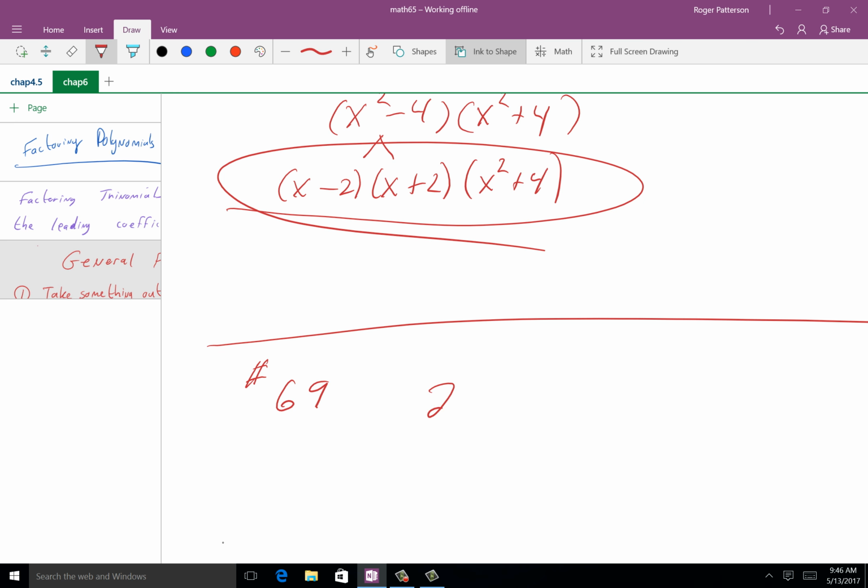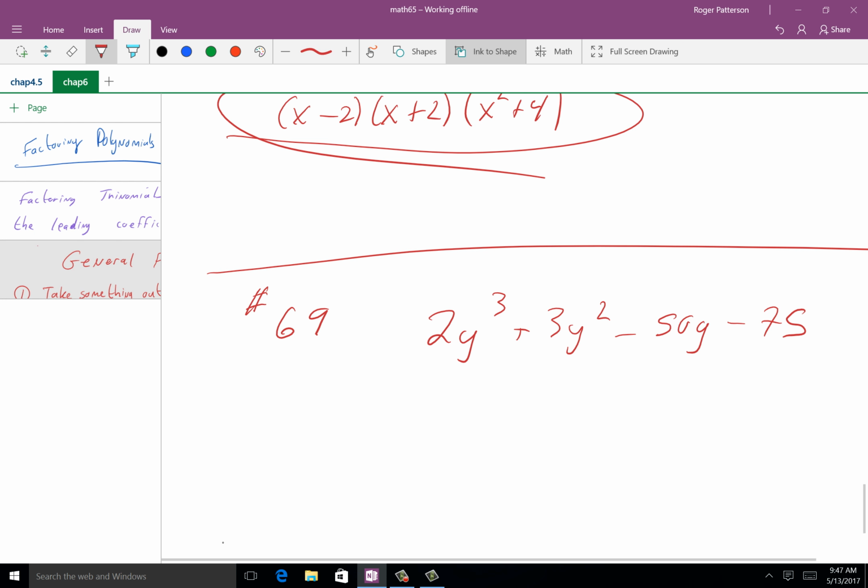Grouping. Let's try that. Group the first two. Group the last two. Let's see if it works. Okay. What can we take out of the first two? Leaves us with 2y plus 3. Okay?